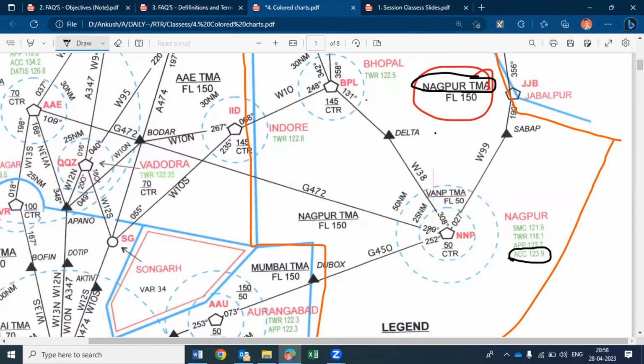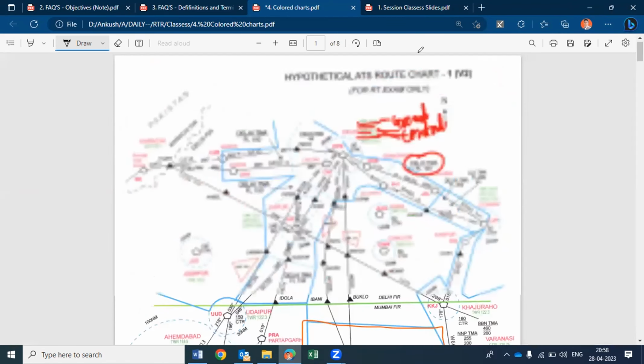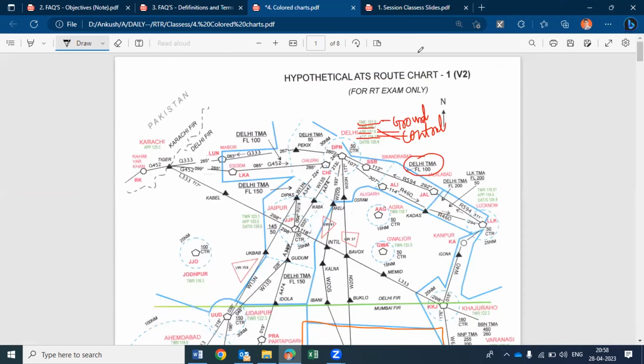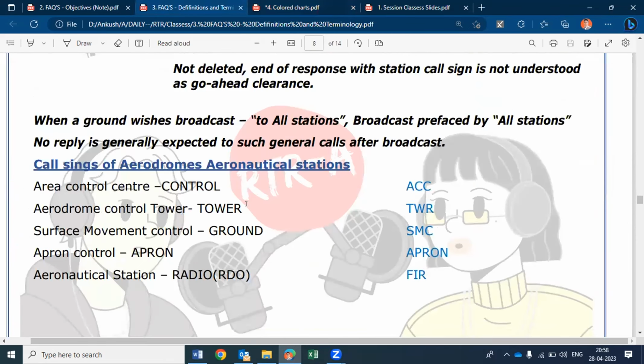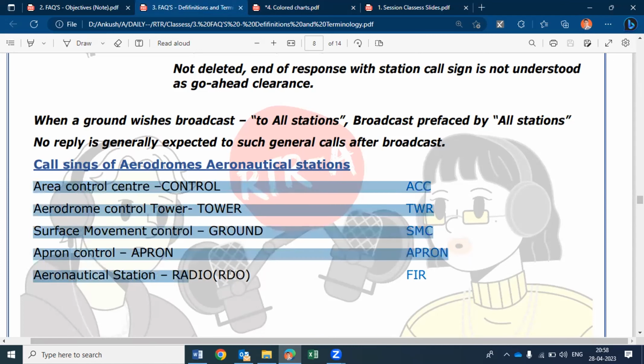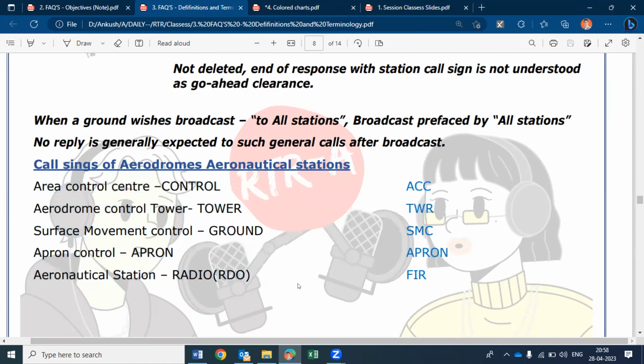Understood? While checking the detailed charts, we will come to know actual में किससे बात करनी है, right? So, how many ATC offices may be there? There are 5. Area control center, in short, you can say it control.